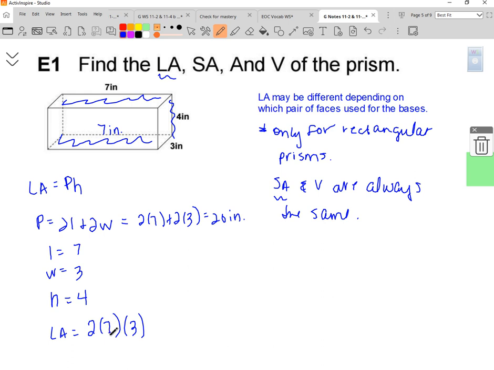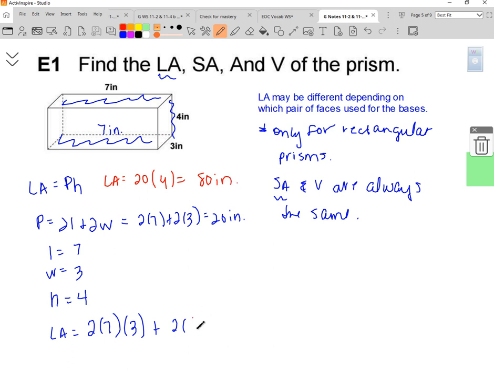That's the length of the base times the width of the base, plus the lateral area. Oh, we don't know the lateral area, do we? Let's go back here and find the lateral area. It's the perimeter of the base, that's 20, times the height, which is 4. So the lateral area is 80 inches.